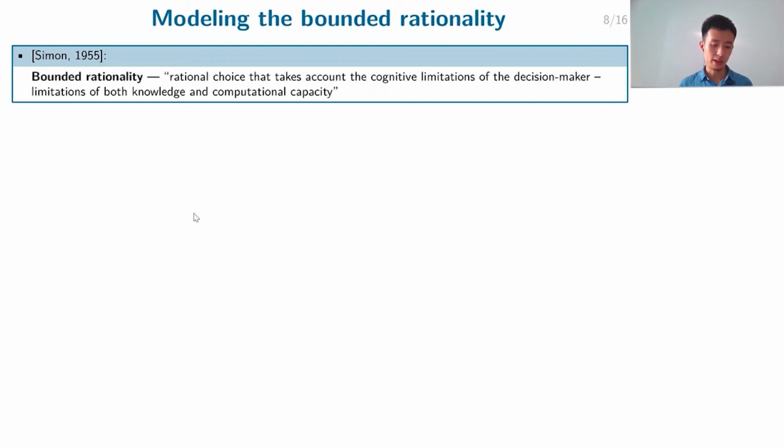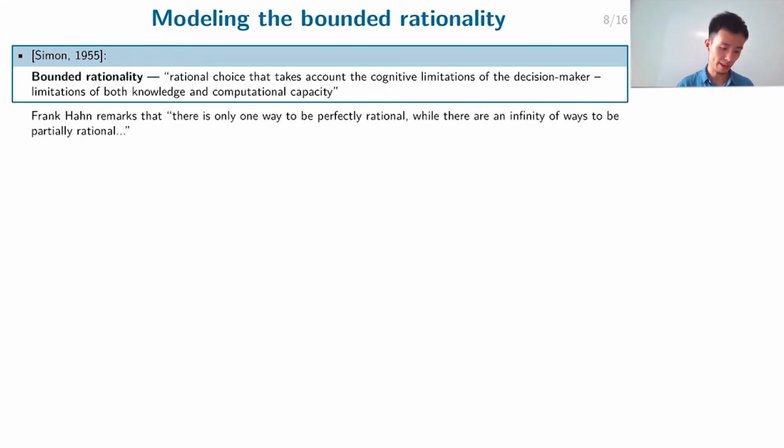Simon defines bounded rationality as rational choice that takes account of the cognitive limitations of the decision maker, limitations of both knowledge and computational capacity. And Frank Hahn remarks that there is only one way to be perfectly rational, while there are an infinity of ways to be partially rational.